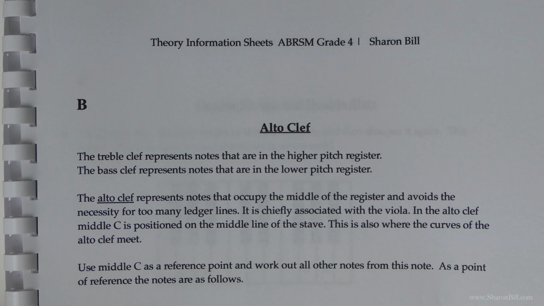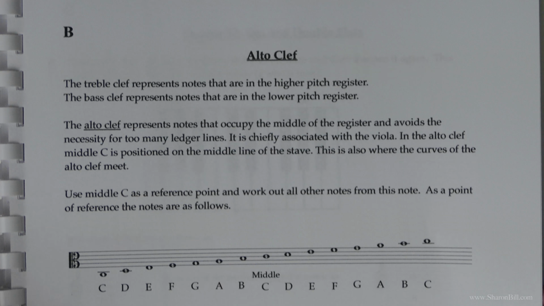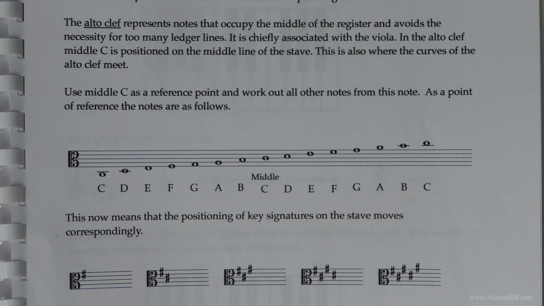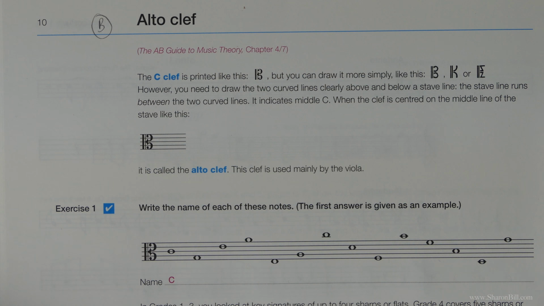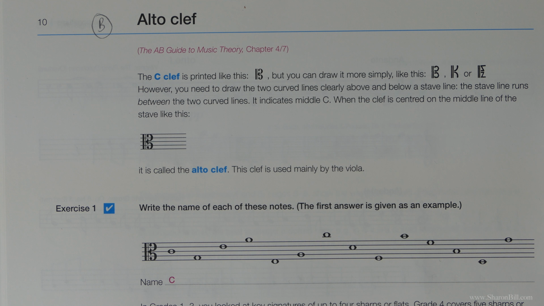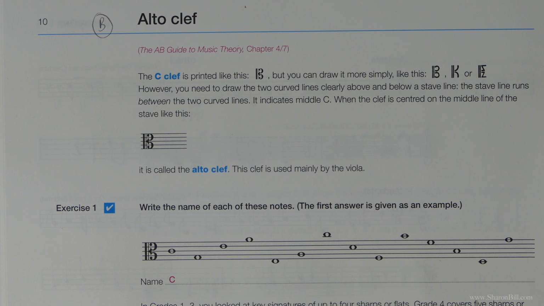So if you turn to section B, you'll find all the information that you need to know on this page here. The alto clef is a clef that deals with mid-range pitch. Treble clef is for high instruments, sort of high-pitched instruments. Bass clef is for the lower range in pitch, and alto clef deals with the mid-range, so that you're not always working in ledger lines as you veer above and below either of those other clefs.